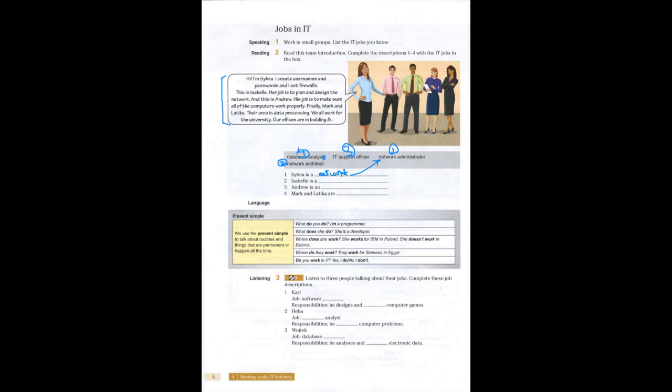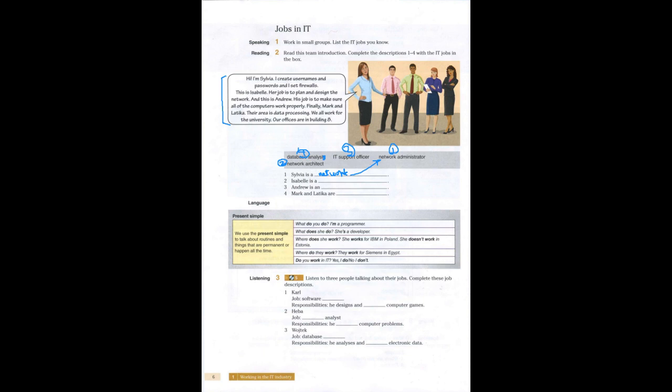For example, I get up at 7 o'clock. Every day I get up 7 o'clock to go to work or to study. I go to bed at 11 p.m., for example. I eat my breakfast, for example, at 8 o'clock. So these are examples of routine actions.